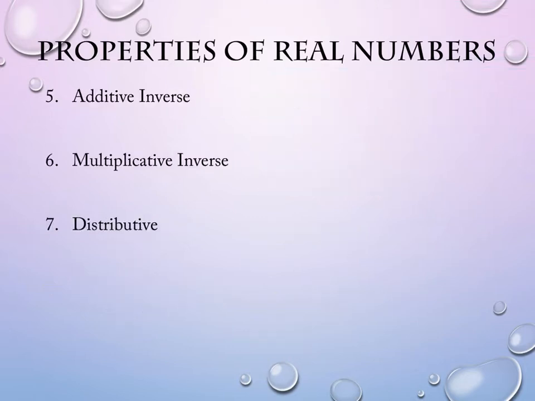Okay, we've got a few more. Go ahead and write down number 5. It's the additive inverse. The additive inverse says that for every number, we have its opposite. And when I add a number to its opposite, what do I get? I get 0.